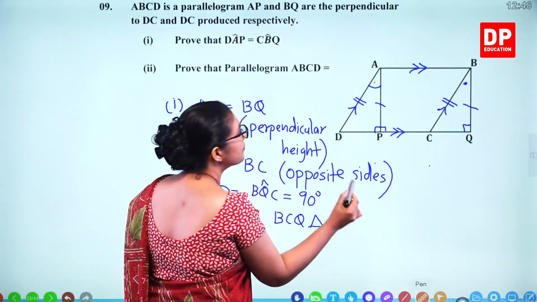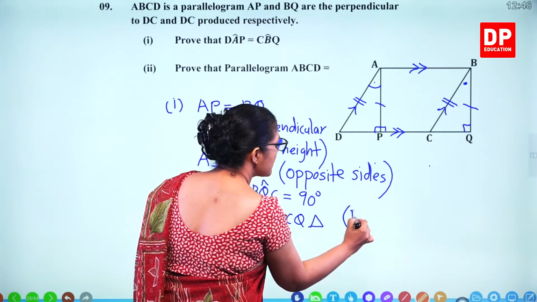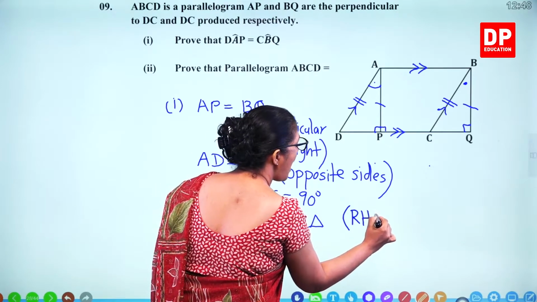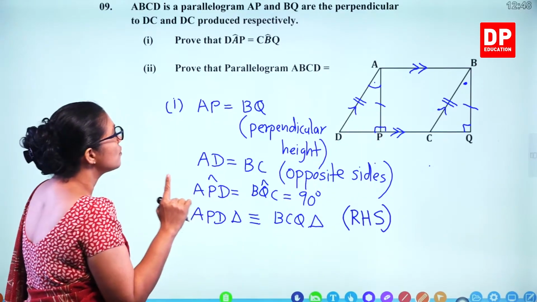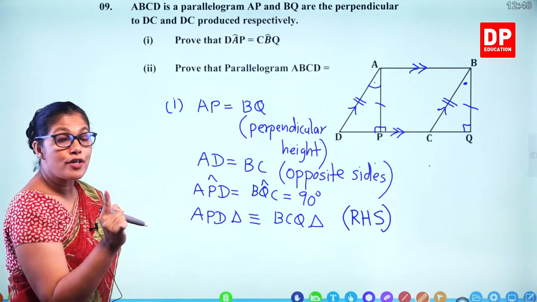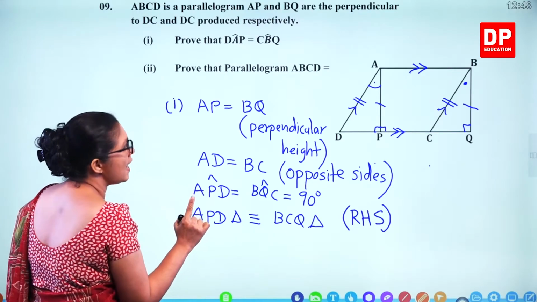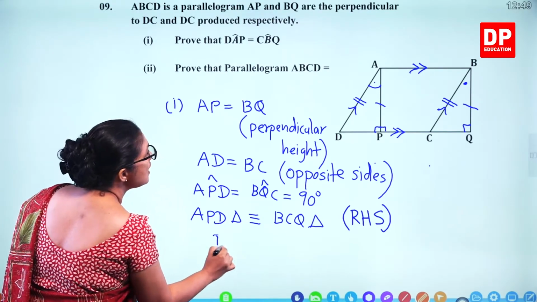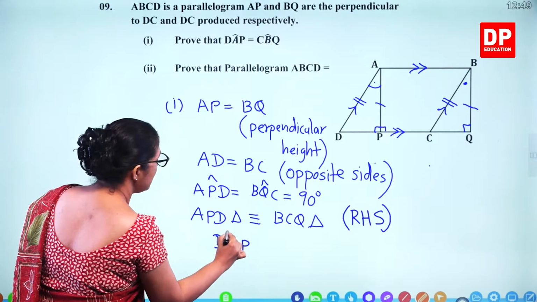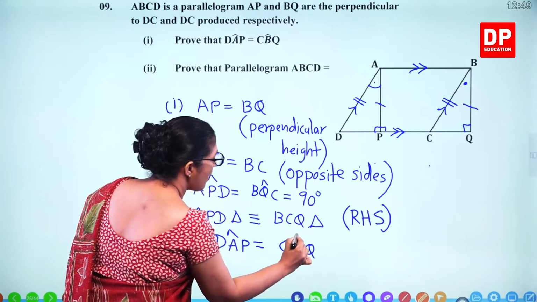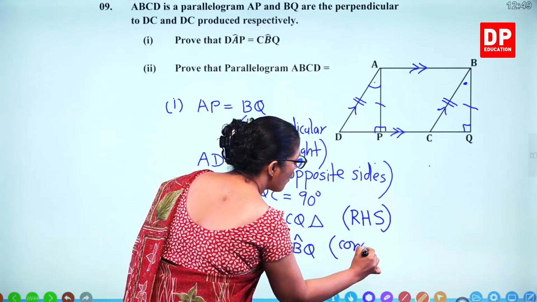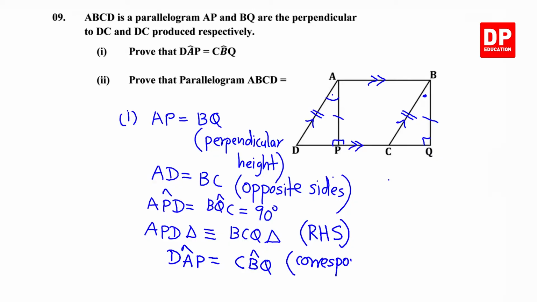That's RHS: right angle, hypotenuse, side. Hypotenuse and one side equal, so the 2 triangles are congruent. The corresponding elements are equal, so angle DAP is equal to angle CBQ because corresponding elements are equal.